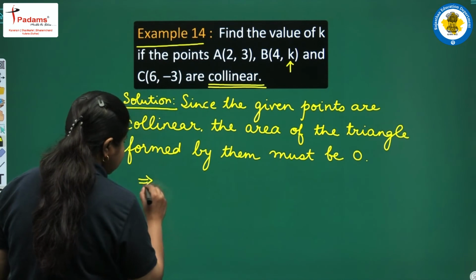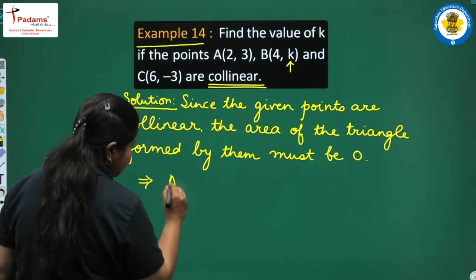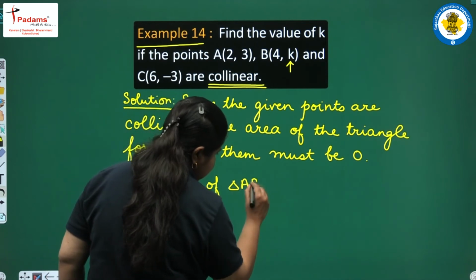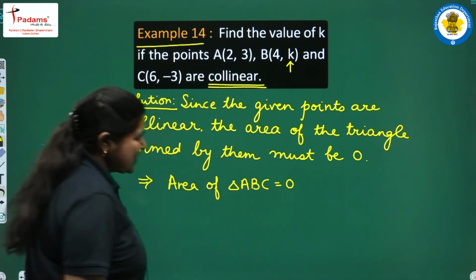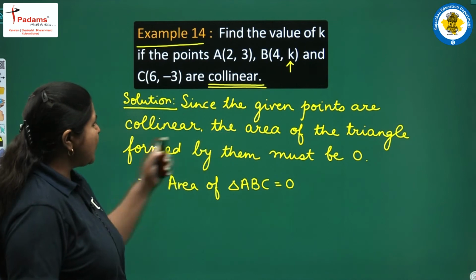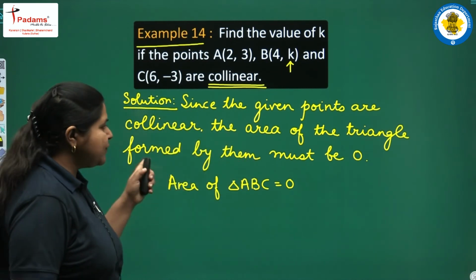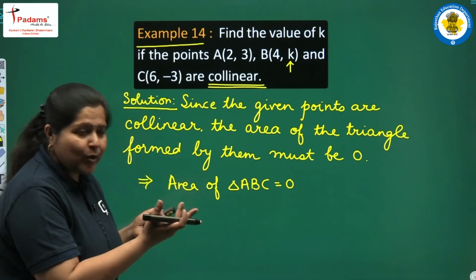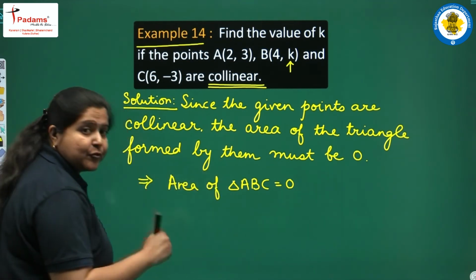This implies that area of triangle ABC is equal to 0. समझ में आ रही है आपको बात? Since the given points are collinear, the area of the triangle formed by them must be 0. क्योंकि वो तीनों एक ही लाइन में हैं तो एरिया 0 होगा. और इसका मतलब now we have to apply the formula.